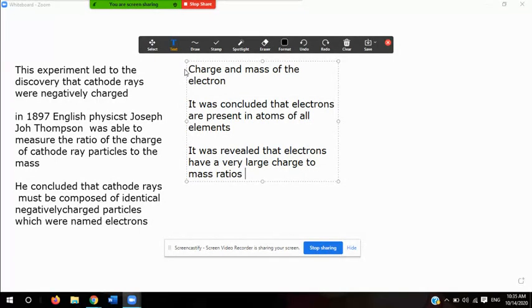Basically, what that means is that the larger the amount of electrons present in an atom, the more electronegative it will be, although we will talk about that in the next chapter.